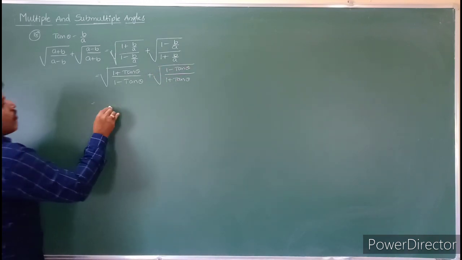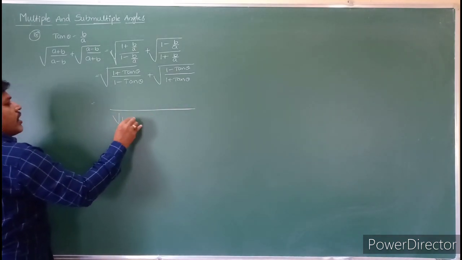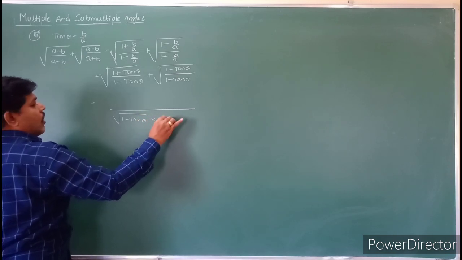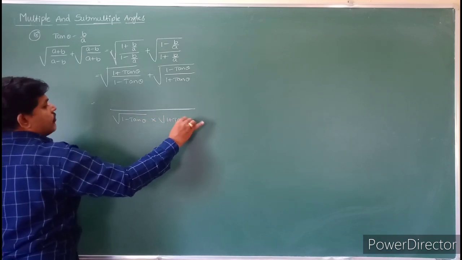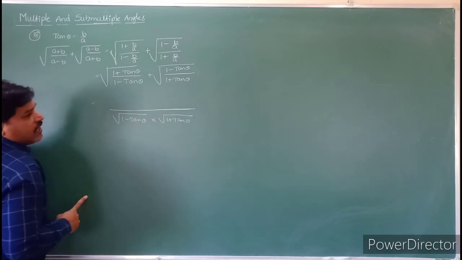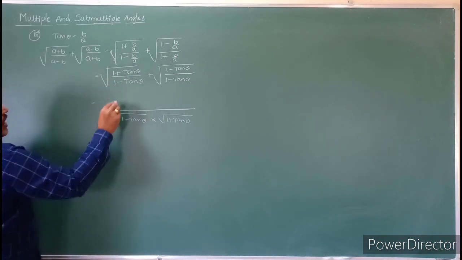So here we will take the LCM: root of 1 minus tan theta into root of 1 plus tan theta is the LCM. Root of 1 plus tan theta into root of 1 plus tan theta, the root will be cancelled in the numerator.